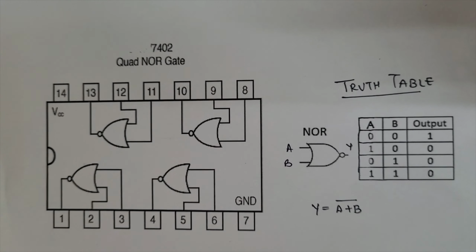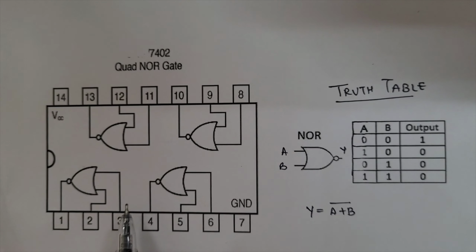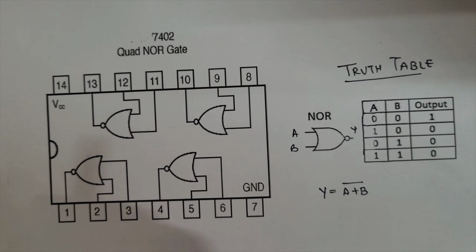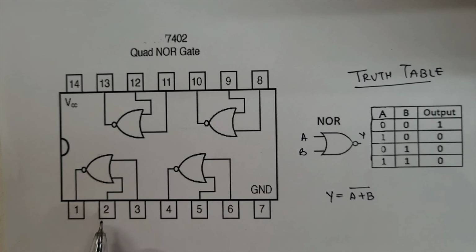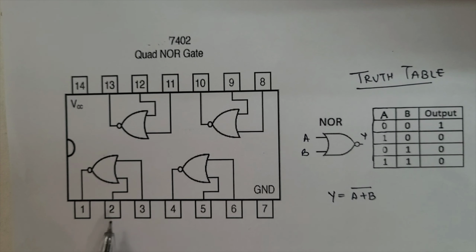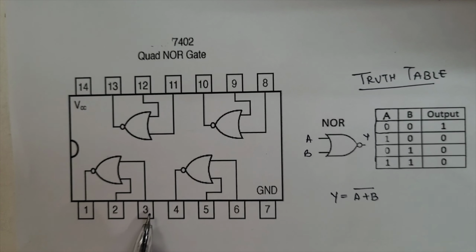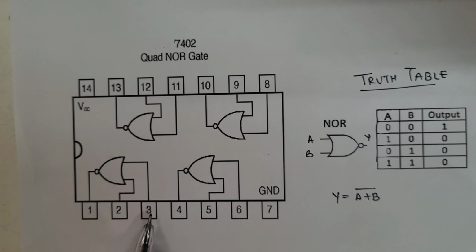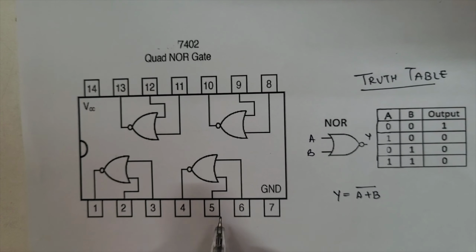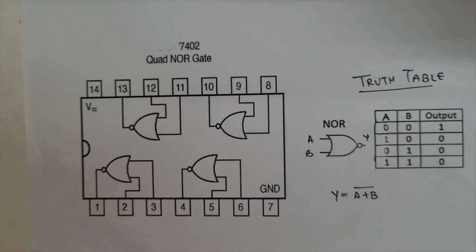Now one thing to consider for the NOR gate is that the gate connections are different from the other ICs. As you can see, in the other ICs we had 1 and 2 as input and 3 as output, but in the NOR gate we have 2 and 3 as input and 1 as output for all the 4 quads.